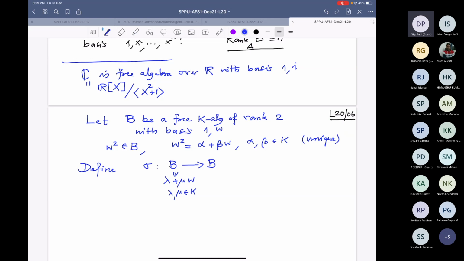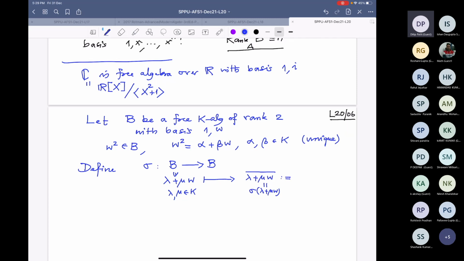And I want to define it by a formula, and then we will say this formula is not very difficult, but we got it from the conjugation. So I will write this as lambda plus mu W conjugate. This is my sigma. Sigma of lambda plus mu W. And what is this by definition?